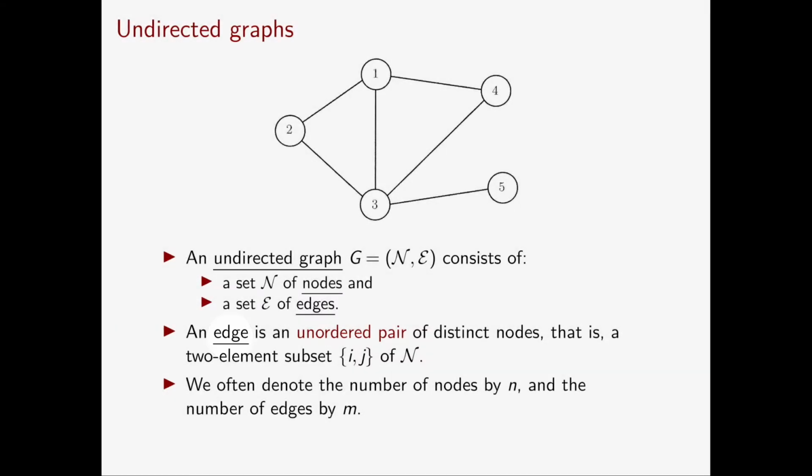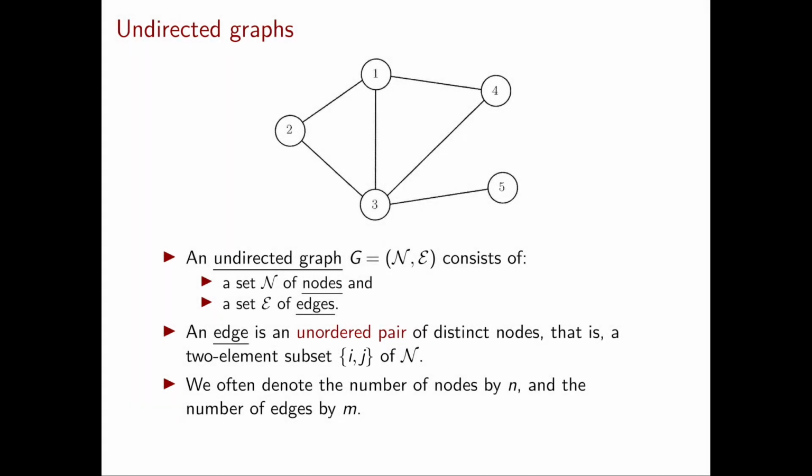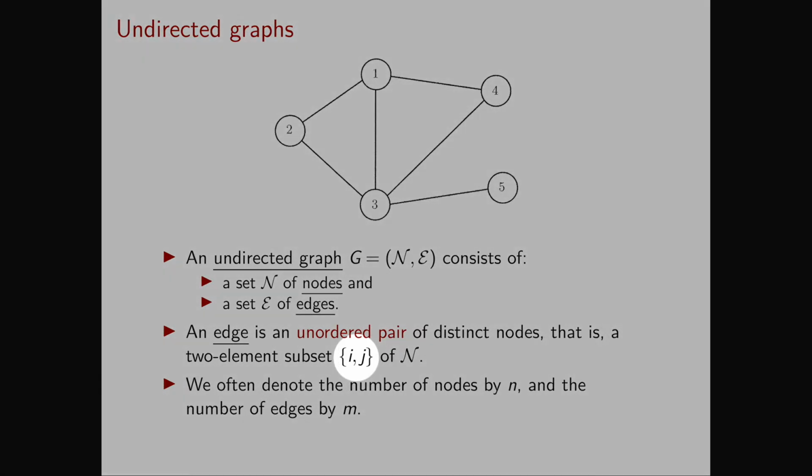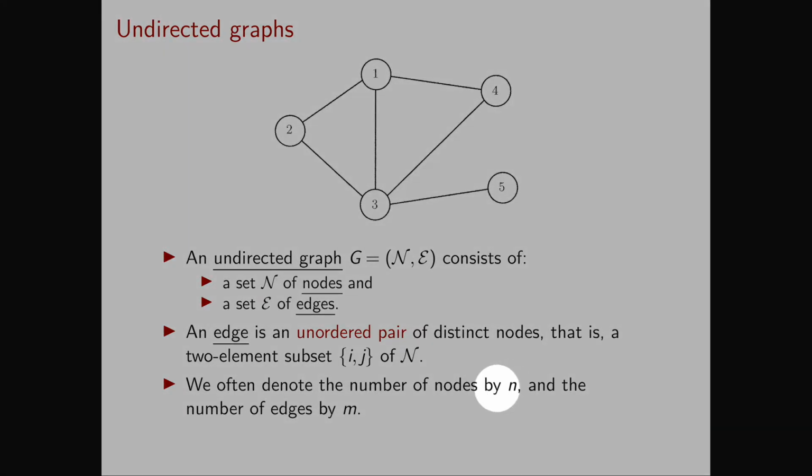An edge is defined as an unordered pair of distinct nodes. So essentially, it is just a subset of cardinality 2 of N. Therefore, we're going to denote an edge using the standard notation for sets. When we work with graphs, it is standard to denote the number of nodes by n and the number of edges by m.